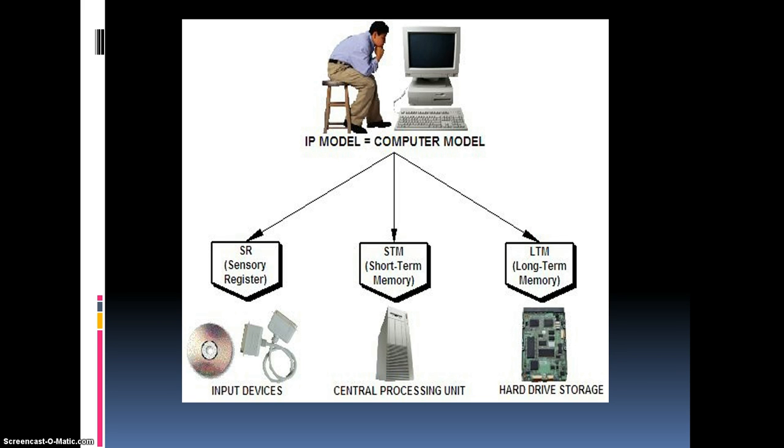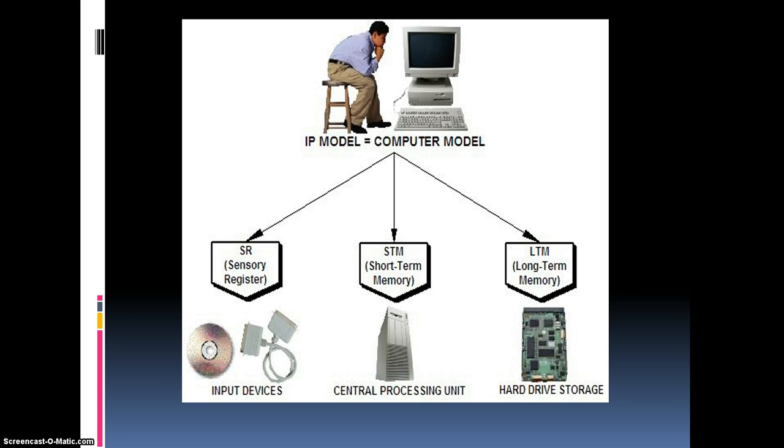In the computer model, the first step down below to the left is the input devices. And in the information processing model, or the mind, this is the sensory register, or also called the sensory memory. In the second step of the computer model, this is the central processing unit.